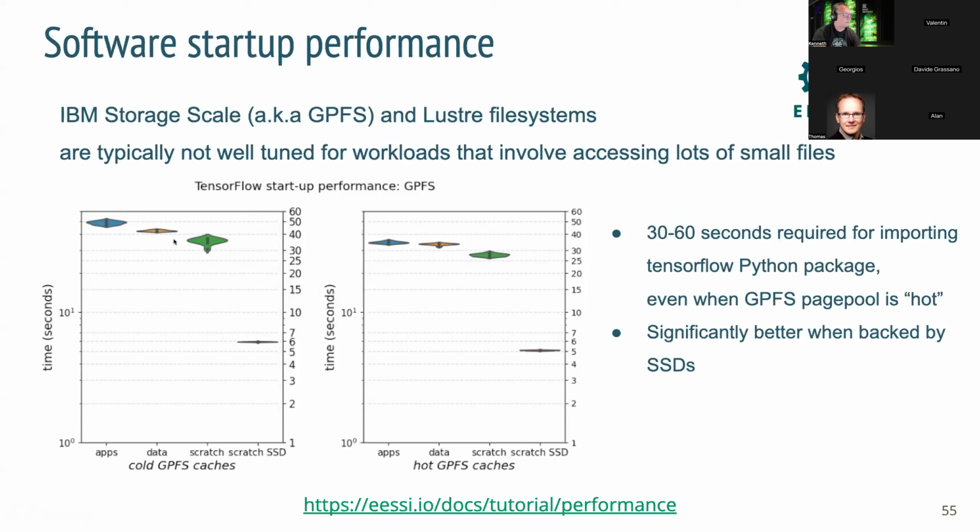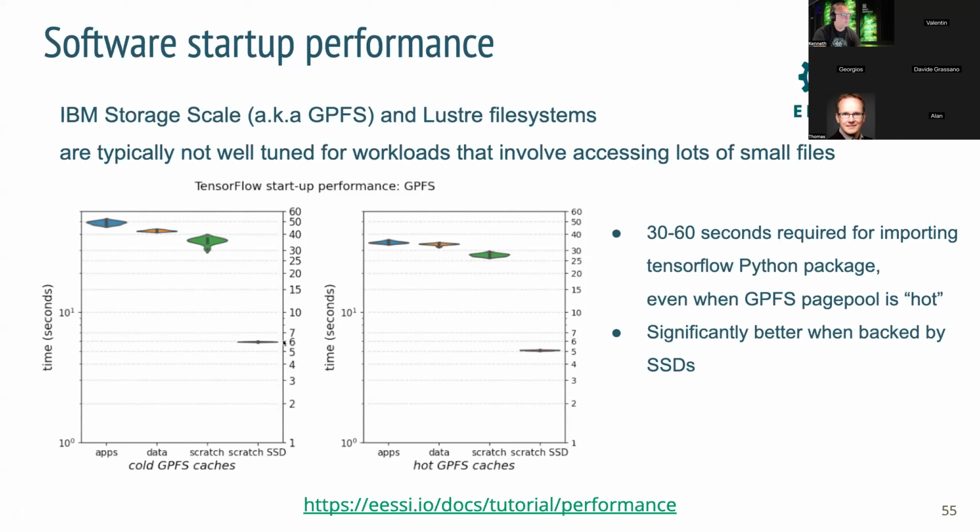In the cold case, when the GPFS page pool cache is cold, so none of the data is actually in there, it goes more towards a minute. If it's hot caches, so if the page pool cache is fully preloaded already, it still takes about half a minute because GPFS is in between.